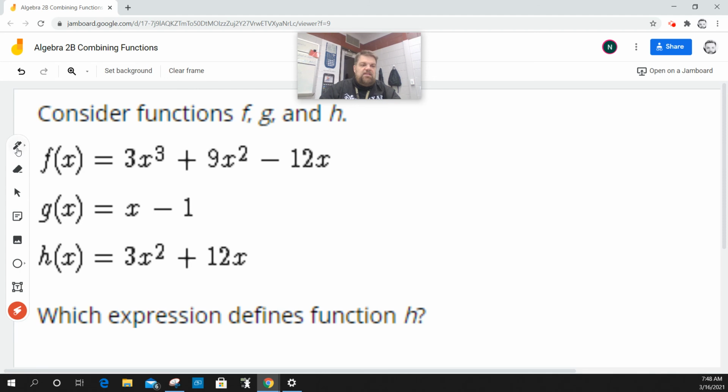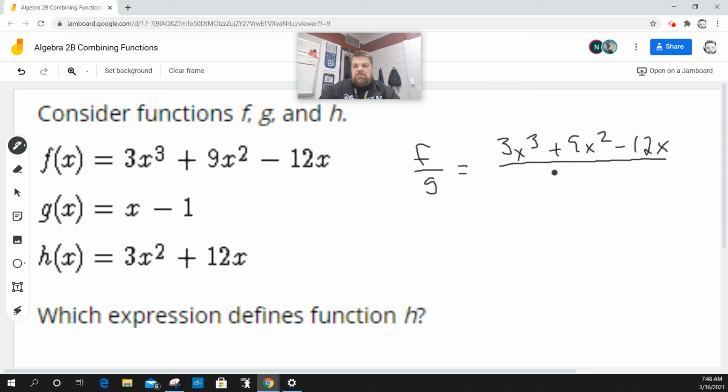Well, I'm guessing, and we'll have to do the math and see, but I'm guessing that it's probably f divided by g. In other words, I probably am going to say 3x cubed plus 9x squared minus 12x, right? Divided by x minus 1.